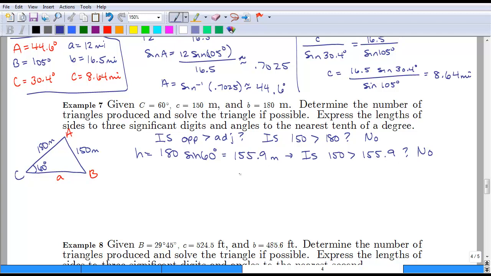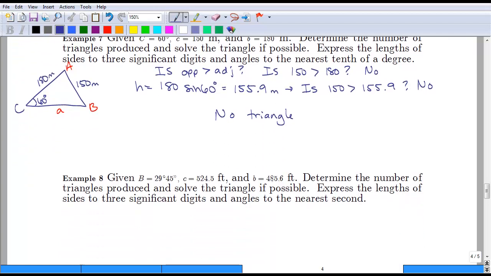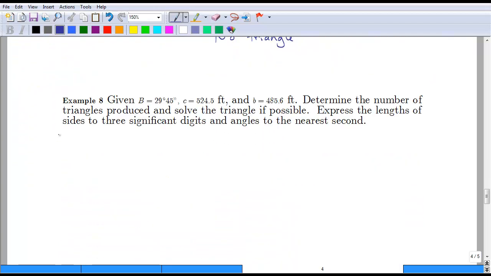No, it is not. So in this case, we have no triangle, because we don't have enough distance. We need 155.9 meters to create a triangle. We don't have enough distance to create that triangle. So in this case, we have no triangle. We're done. Let's try this last example.